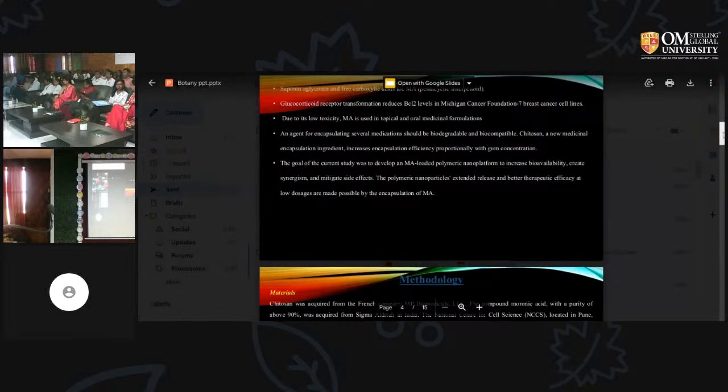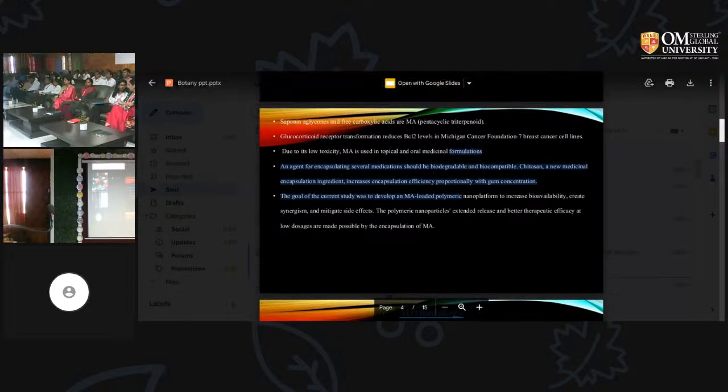Saponin aglycones and free carboxyl acids are moronic acid pentacyclic triterpenoids. Glucocorticoid receptor transformation reduces BCL2 level in Michigan Cancer Foundation 7 breast cancer cell lines.